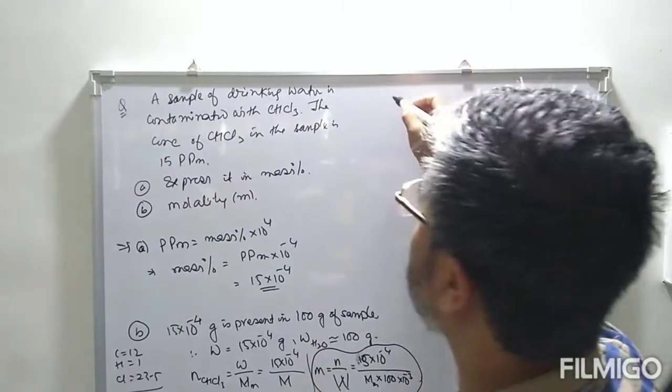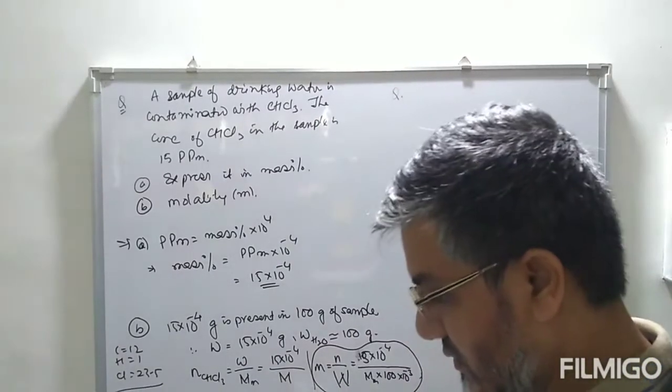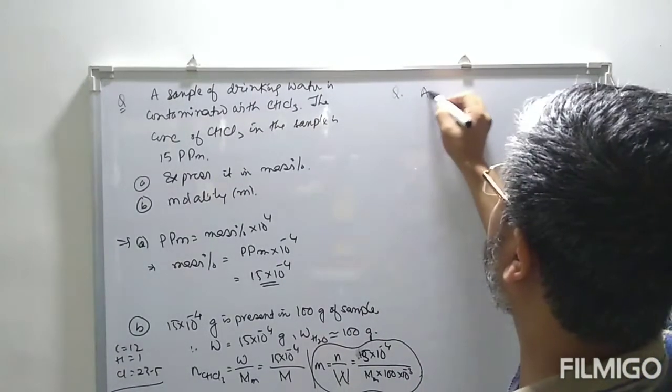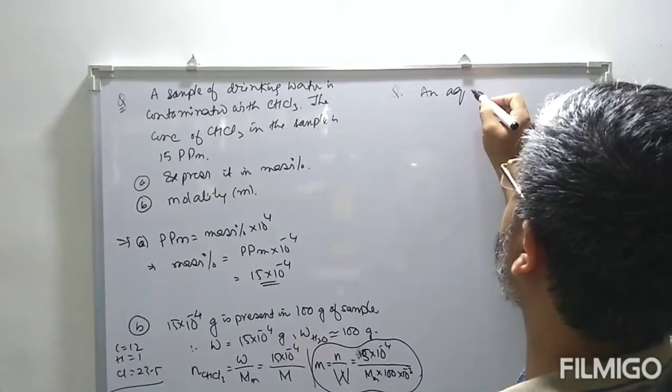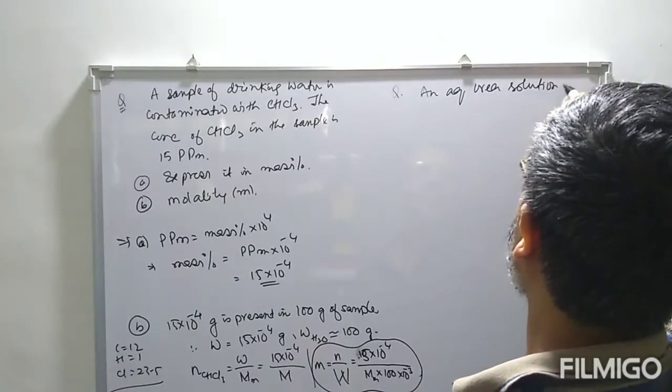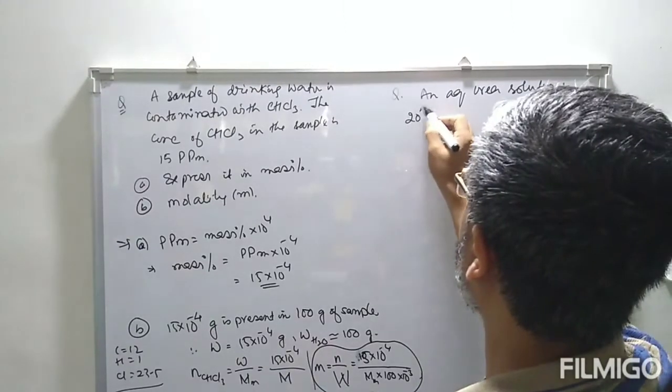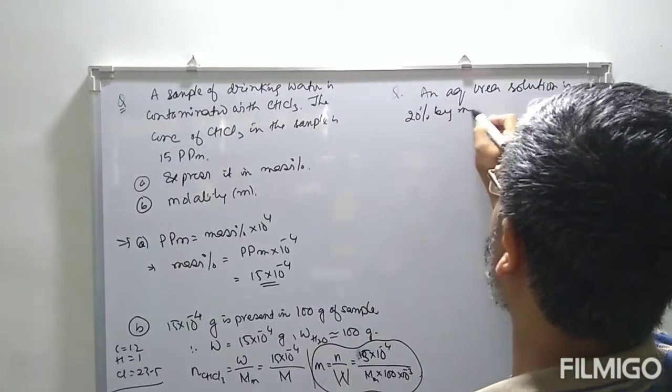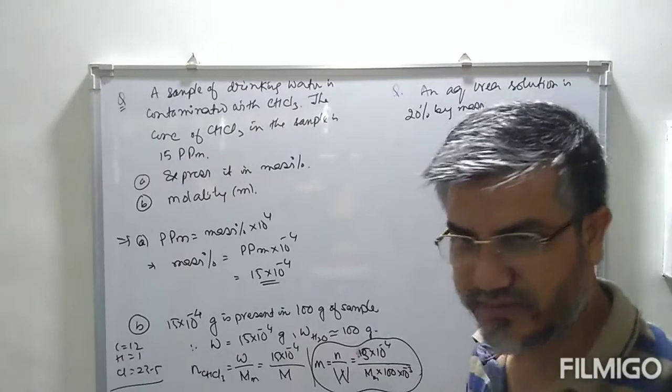Question says an aqueous urea solution is 20% by mass.